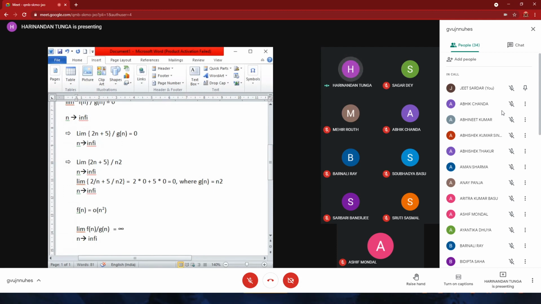In little o the limit equals 0, but in little omega the limit of fn by gn as n tends to infinity equals infinity. This is the definition of the little omega.